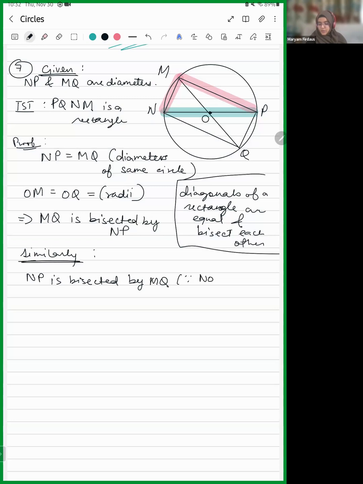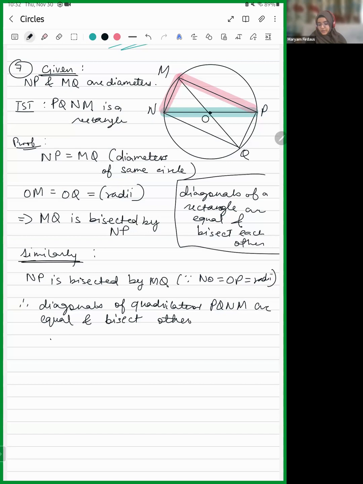Since NO is equal to OP, radii of the same circle. So what we have proven, therefore, is that the diagonals of quadrilateral PQNM are equal and bisect each other. Therefore, PQNM is a rectangle.